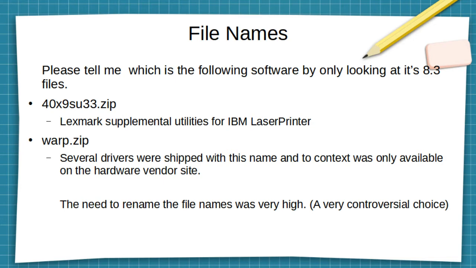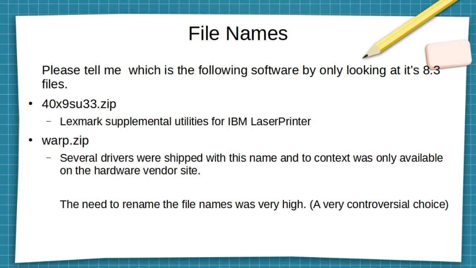So there was a need to rename the files, and it was a very controversial choice, because sometimes articles refer to these crazy names that nobody understands. This was one of the hard choices that had to be made.